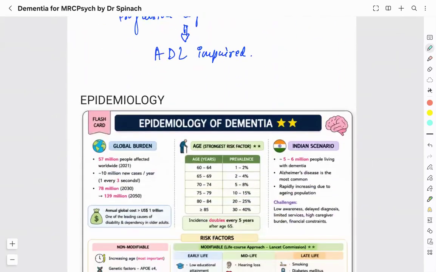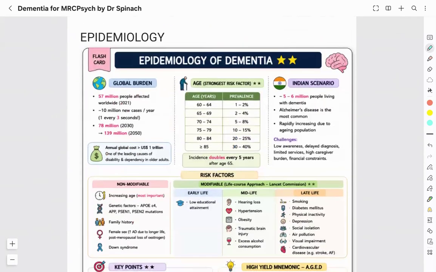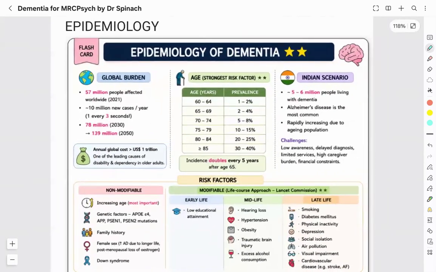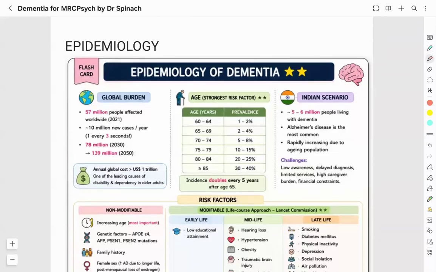Now, moving on to the epidemiology of dementia. So, global burden: 57 million people are affected worldwide, according to the 2021 census, I think this is from WHO. I'll just confirm it, but as far as I remember, it's from WHO. And then there are 10 million new cases every year, and it is expected to increase to 78 million by 2030.